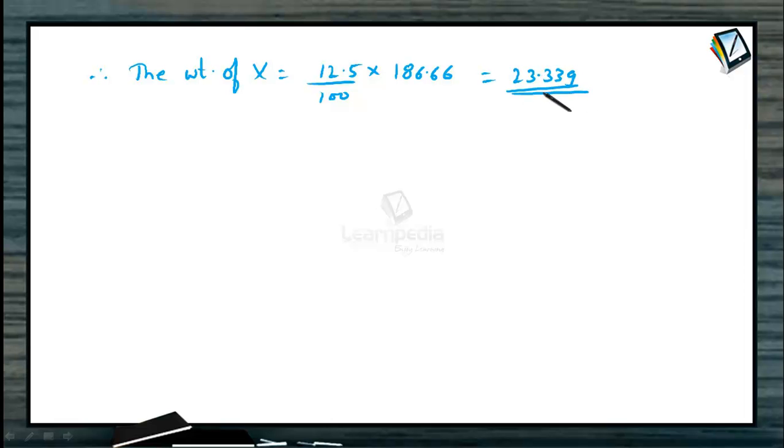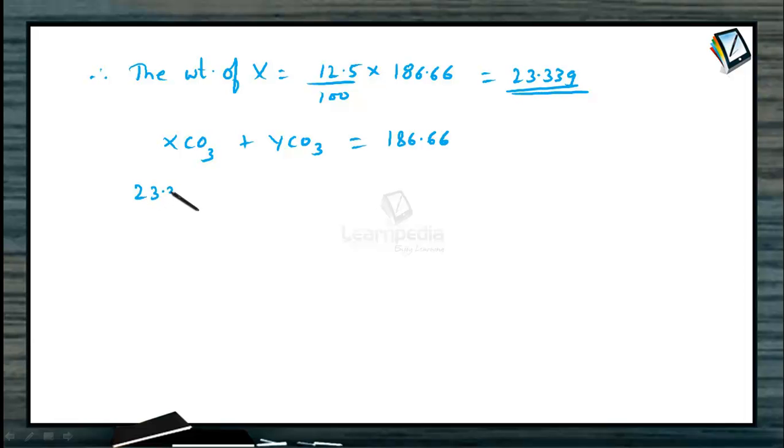So the weight of one metal, that is X, we got as 23.33 grams. Now let us calculate the weight of the second metal. Now we know that the molecular mass of XCO3 plus the molecular mass of YCO3, this total is equal to 186.66, isn't it?